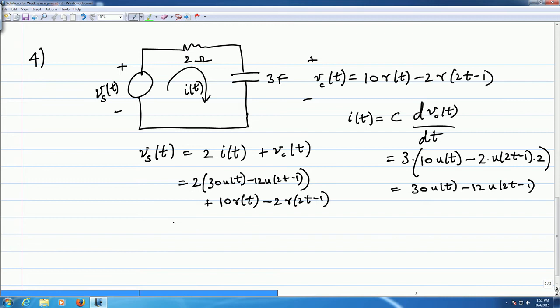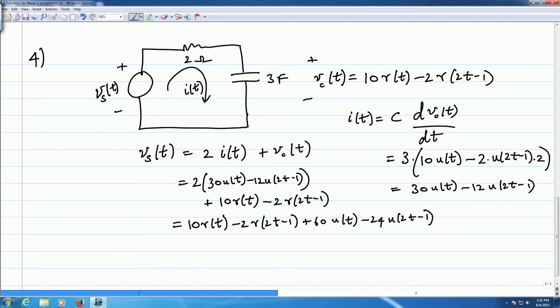So, you simplify this, you can rewrite it a little bit, you will get 10 R of t minus 2 R of 2t minus 1 plus 60 times u of t minus 24 times u of 2t minus 1, and that is the correct answer for the 4th question.